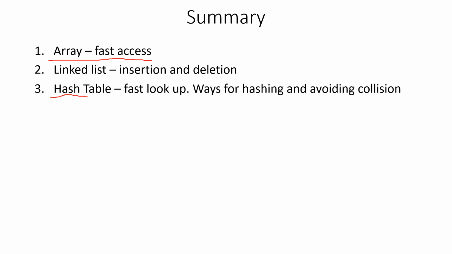And a hash table is better to use when you need fast lookup, like when you need to find some element in a very short period of time. And please also consider the ways of hashing and avoiding collisions.